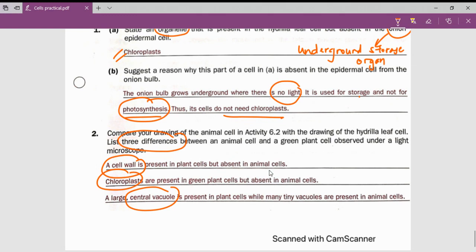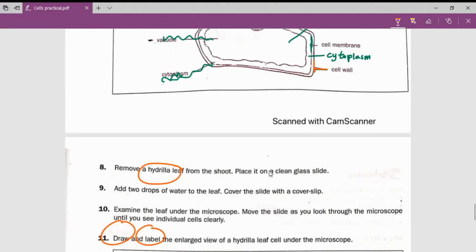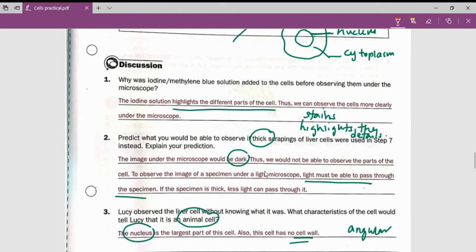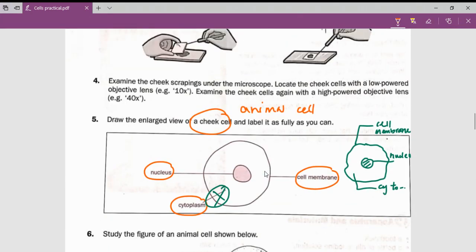Okay, that's all for the practical. Maybe you want to use the time to repeat and ensure the questions that I have highlighted are completed with proper biological drawing of the animal and plant cell, and bring the practical back to class next week.